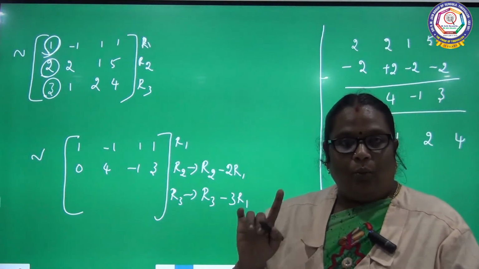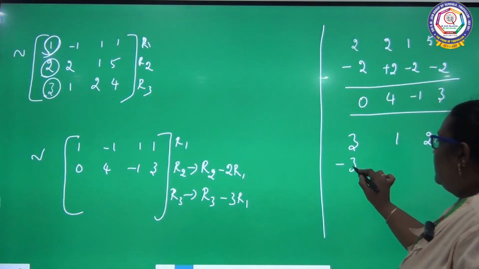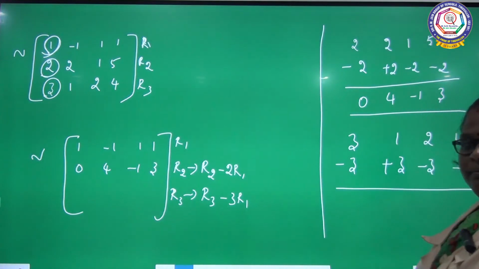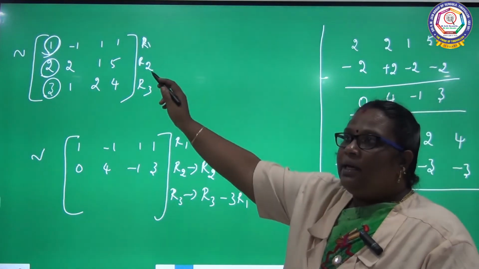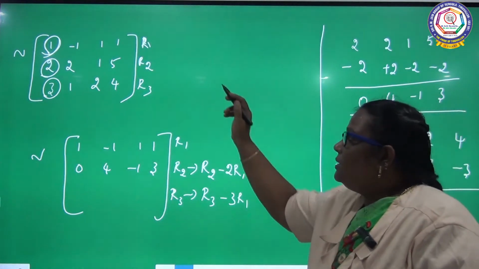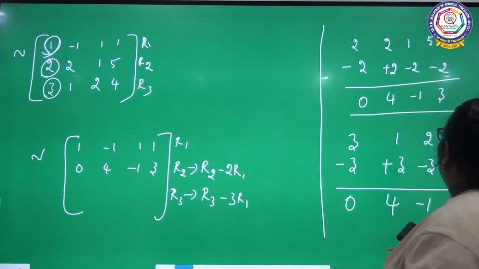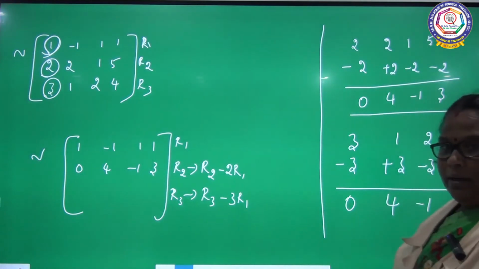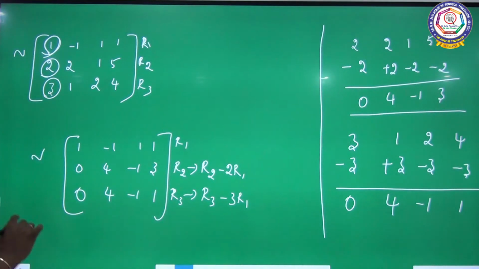Minus 3R1: -3 plus 3 is 0; -3 into -1 plus 1 is 4; -3 into 1 plus 2 is -1; -3 into 1 plus 4 is 1. So what is the answer? 0, 4, -1, 1.